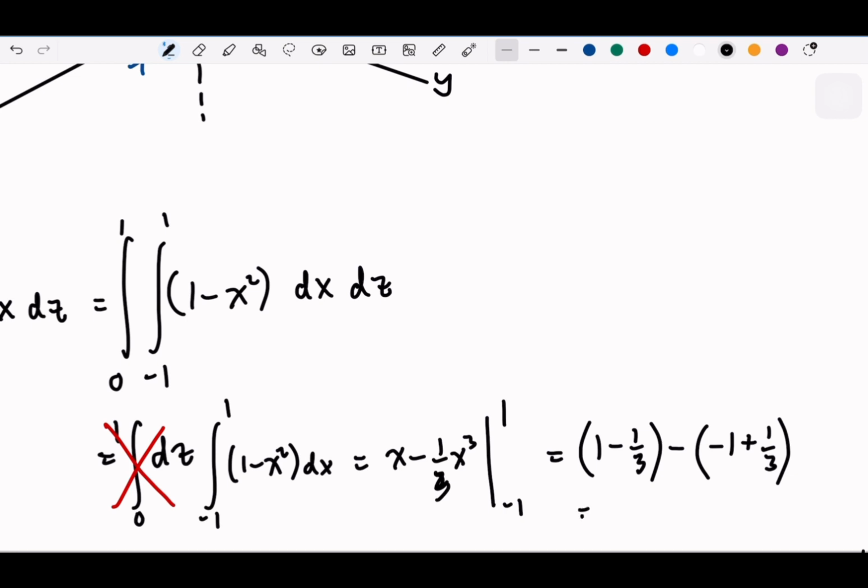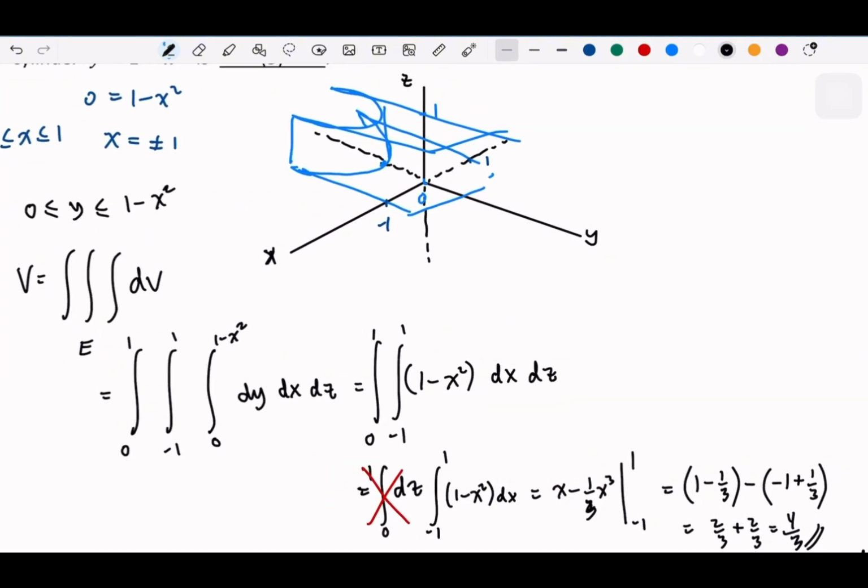So this will be 2 over 3 minus 2 over 3, so plus, so 4 over 3. Okay.